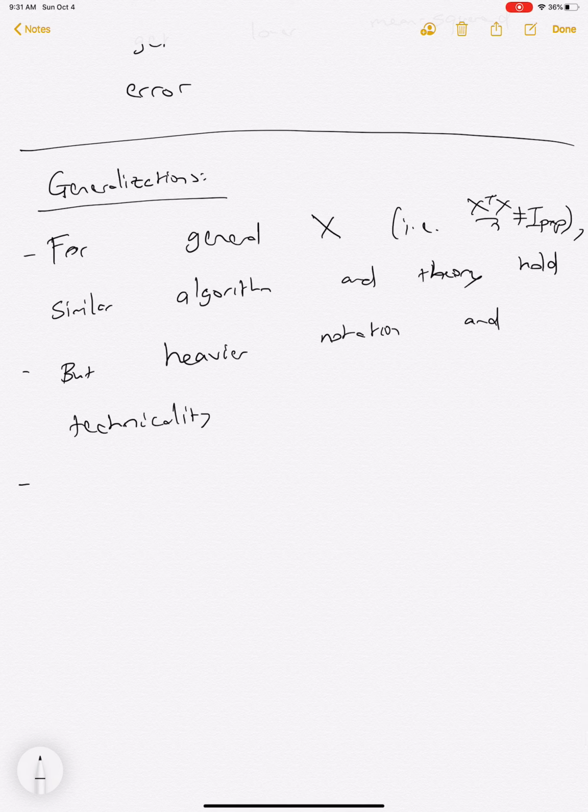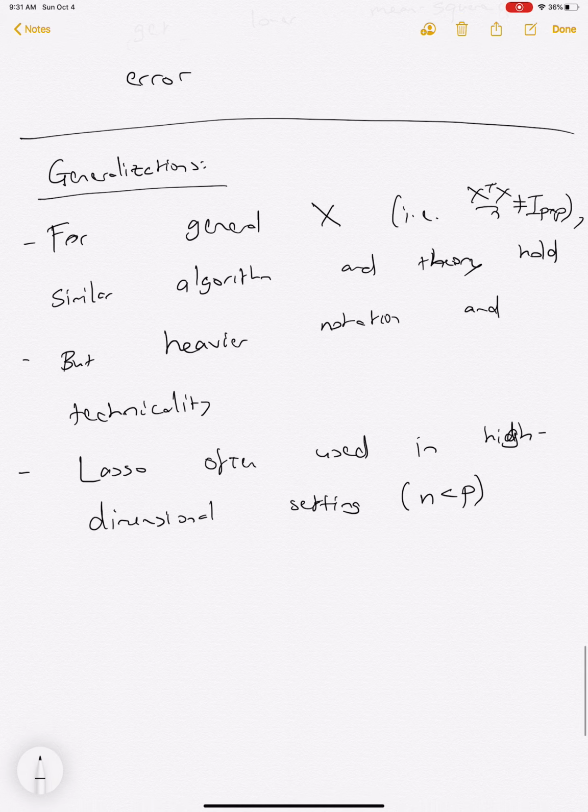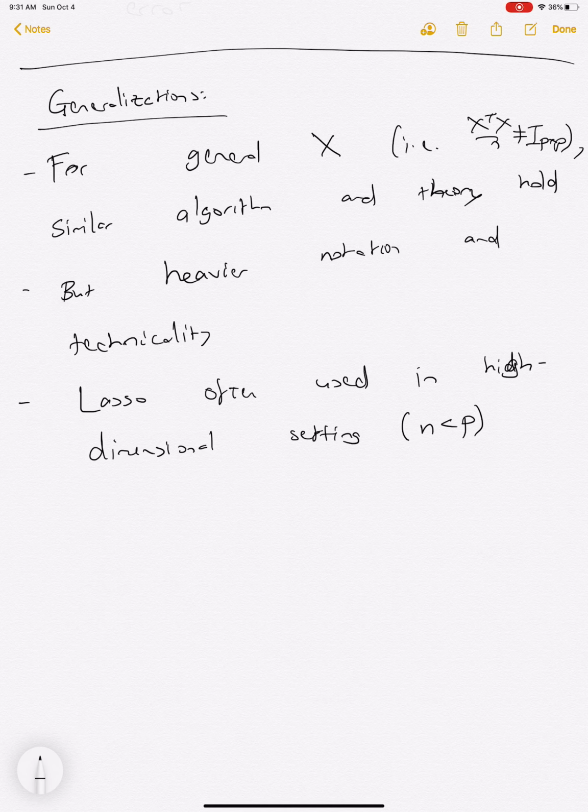The other thing to mention here is that Lasso is often used in high dimensional settings. What high dimensional means is that your n is less than p. That's essentially saying that the number of samples you have is smaller than the number of parameters.